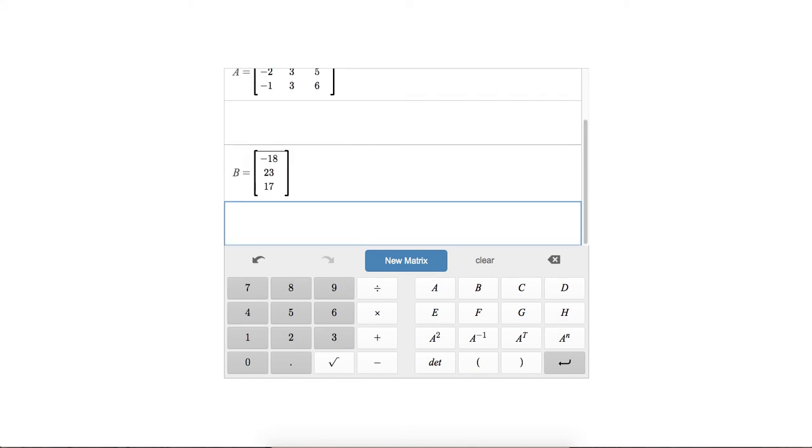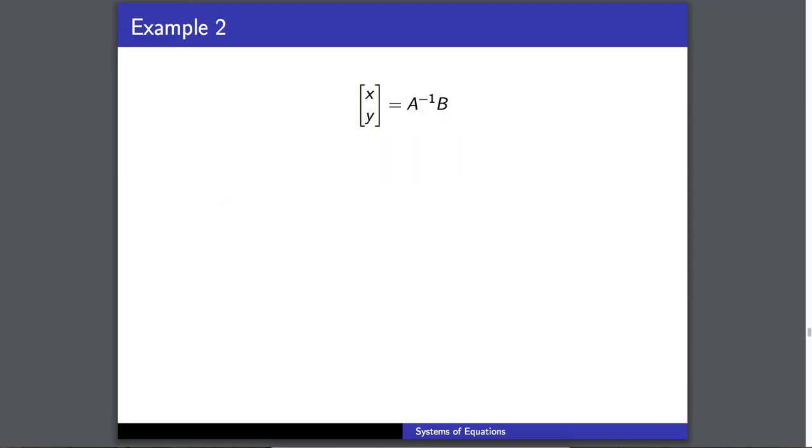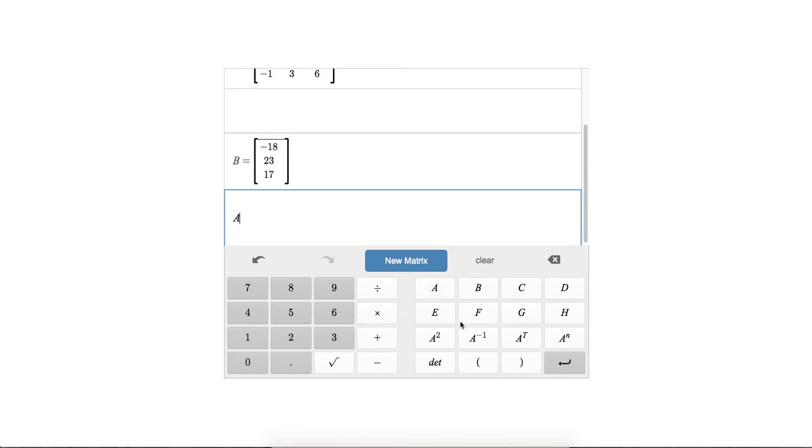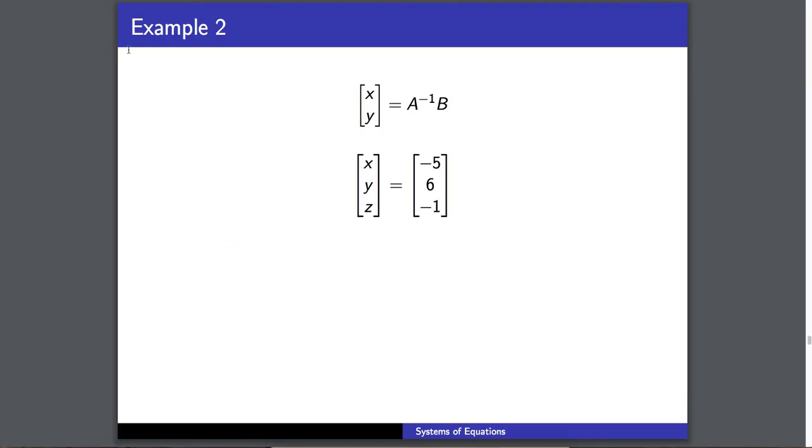All right. And now to get the solution for this system of equations, I want to calculate A inverse times B. And doing that, we get -5, 6, and -1. So our final answer for example 2: x is -5, y is 6, z is -1.